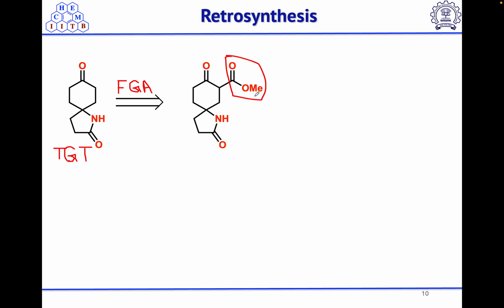So now the next move, what will be the next move? Now we are adding this functional group. For what purpose are we adding it? If you think about that purpose, then you can write down the next retrosynthetic structure. Just think and write.